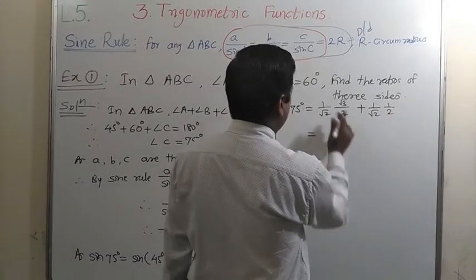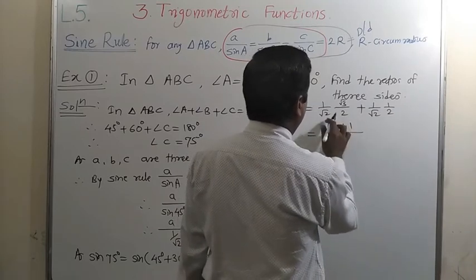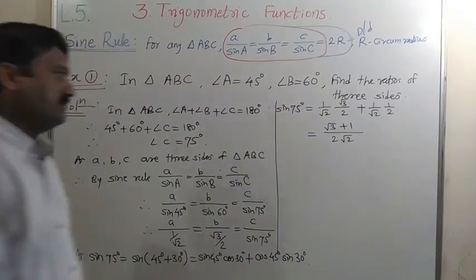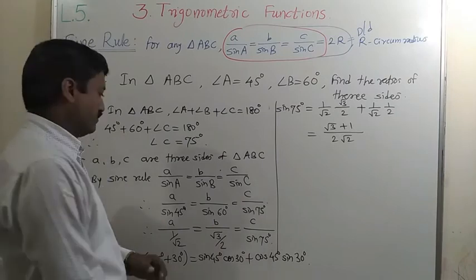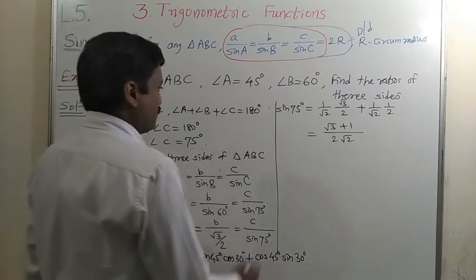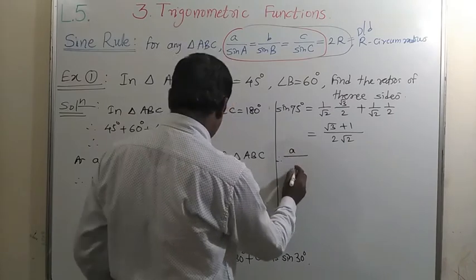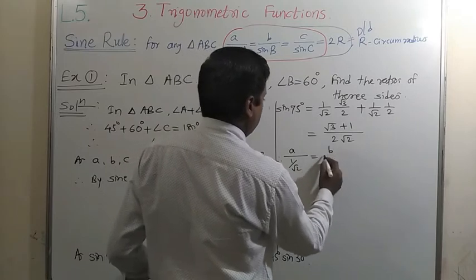So it is equal to root 3 plus 1 upon 2 root 2, with the same denominator. So we get the value of sine 75 is equal to root 3 plus 1 upon 2 root 2.